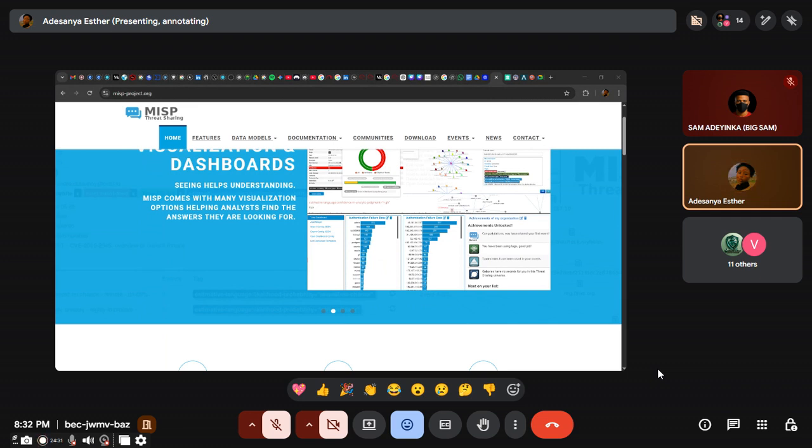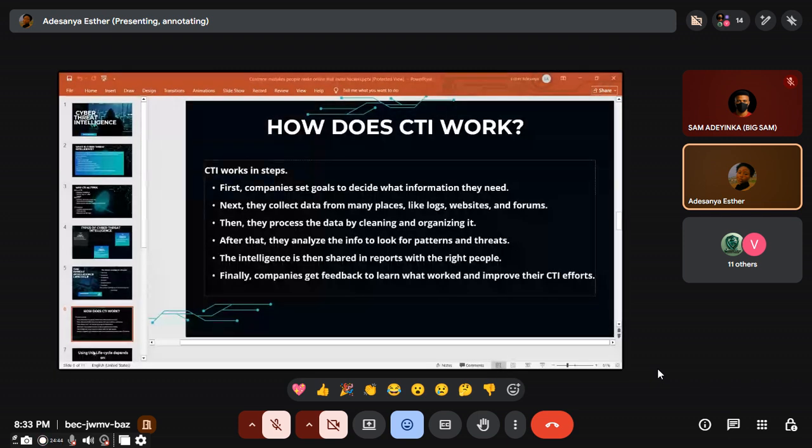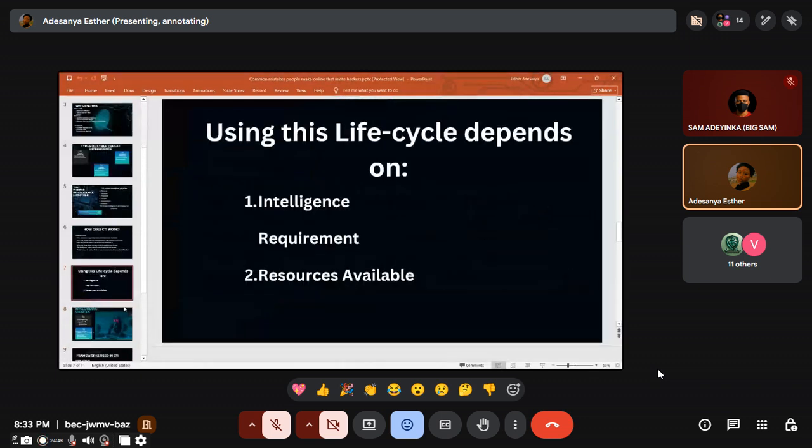Then moving on to using this life cycle, irrespective of the organization size.